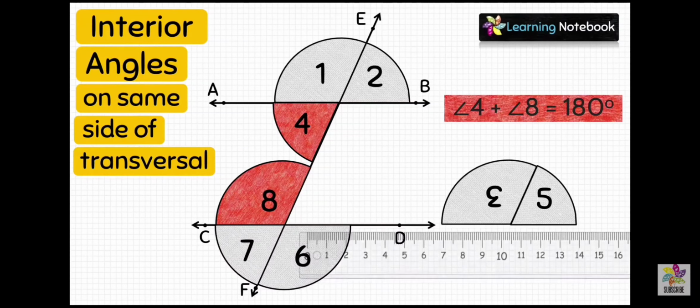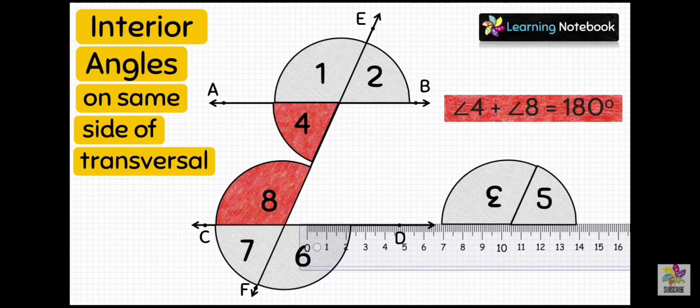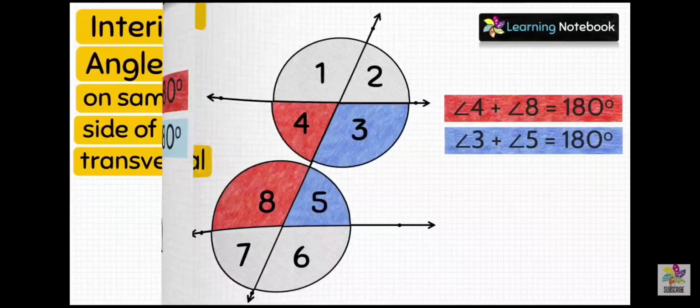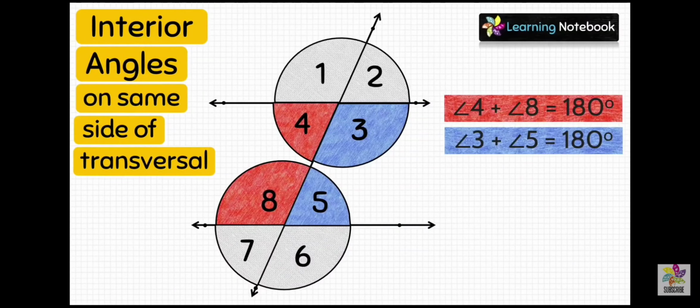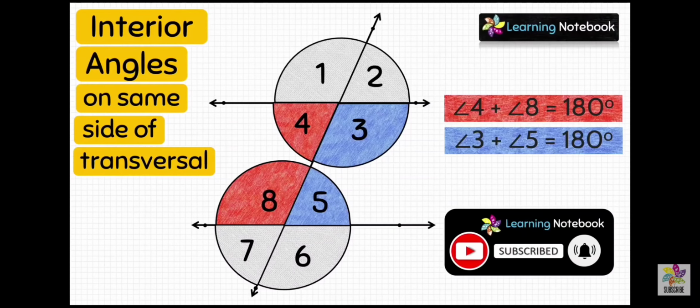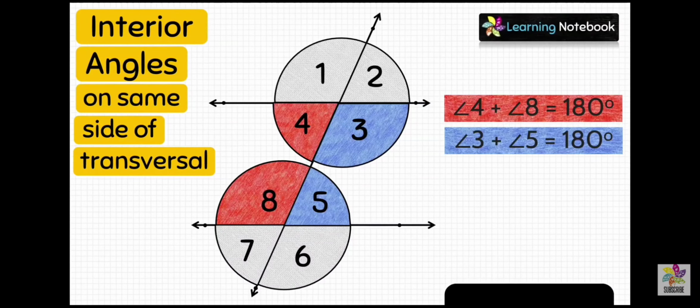Again, we will take the help of a ruler to check that their non-common arms are in a straight line. So it means angle 3 plus angle 5 equals 180 degrees. So we have proved that the pair of interior angles on the same side of transversal are supplementary angles.